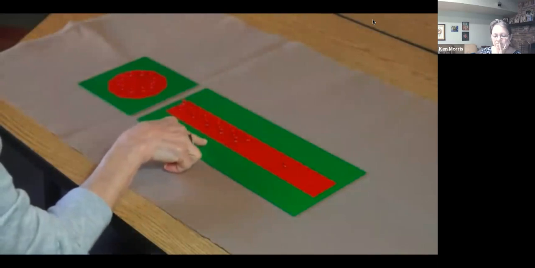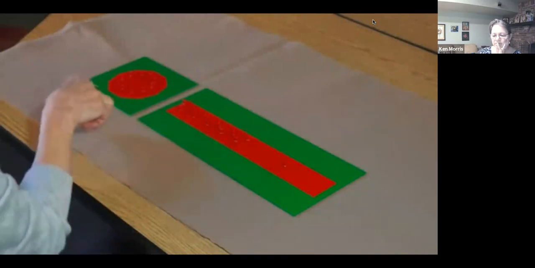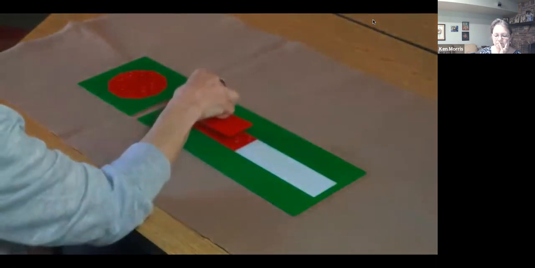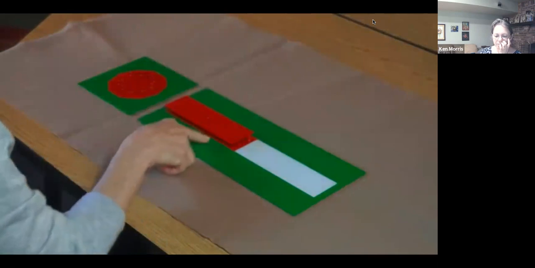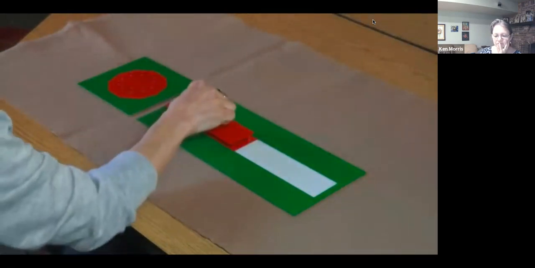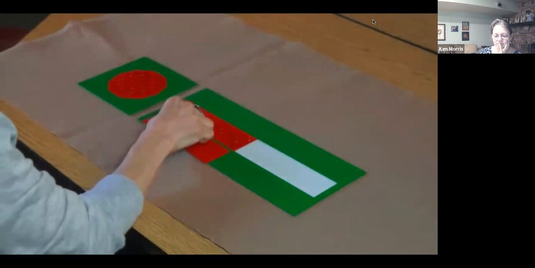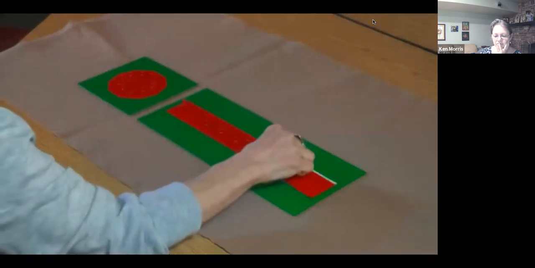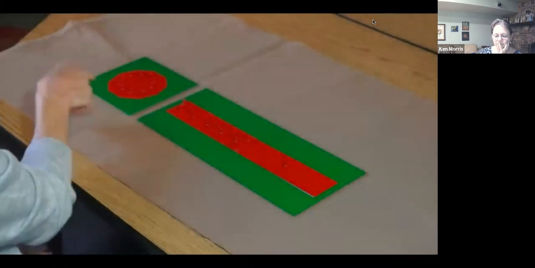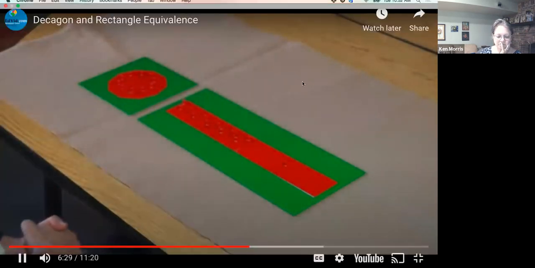The pieces of the rectangle fill the frame of the decagon. They're equivalent figures. And the whole rectangle from this inset is equivalent to the divided rectangle from this inset and the divided decagon.